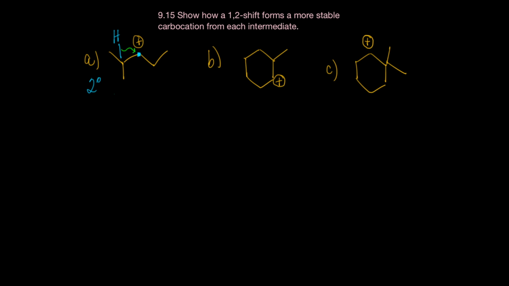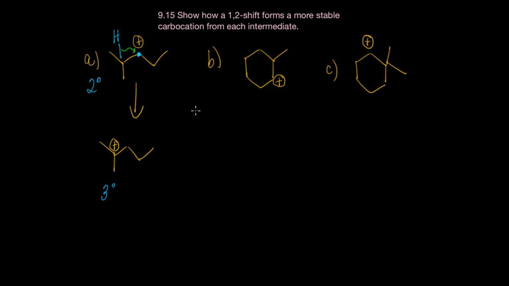In so doing, let's redraw the starting carbon skeleton, and what we're going to get is the positive charge here on the left carbon, and now this is a tertiary carbocation, which, as you know, is more stable.